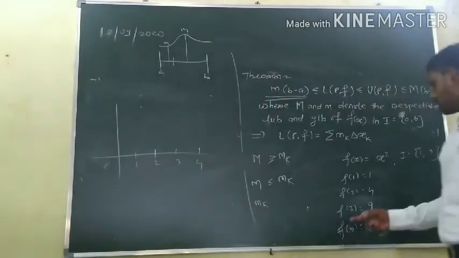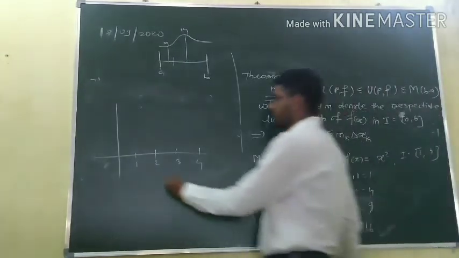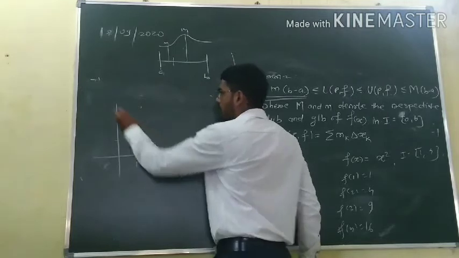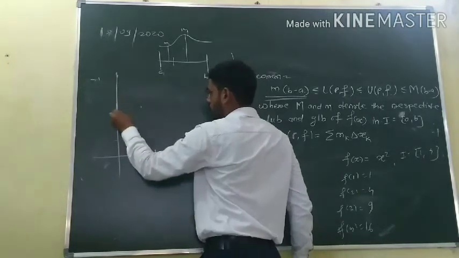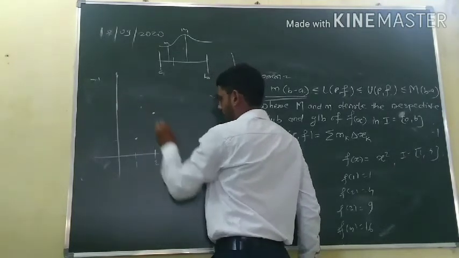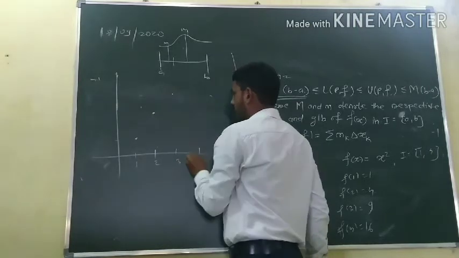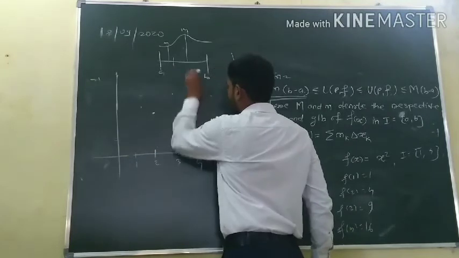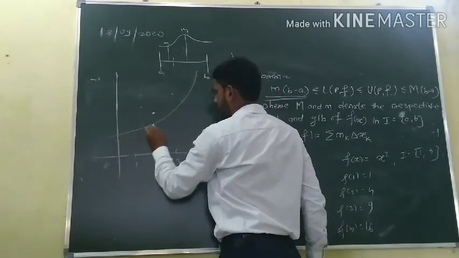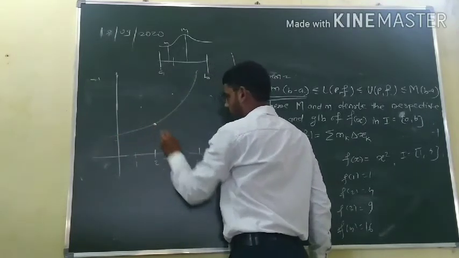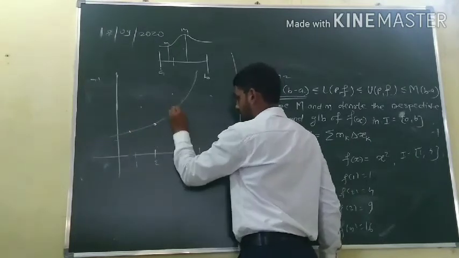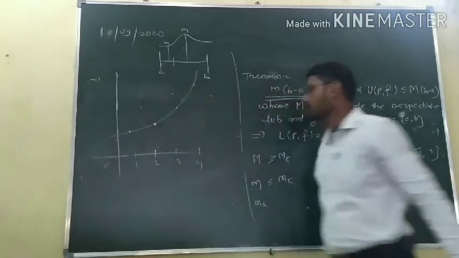At point 1, the value is 1. At point 2, the value is 4. At point 3, the value is 9. At point 4, the value is 16. So the graph is like this, a square curve.